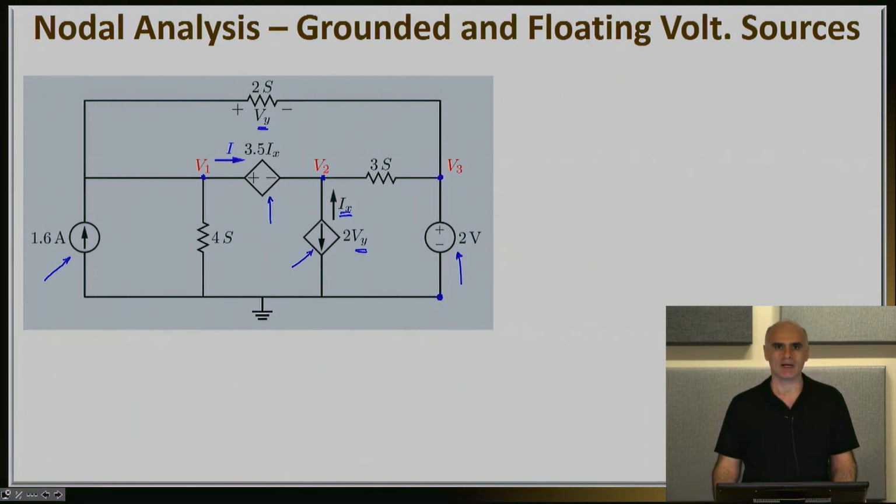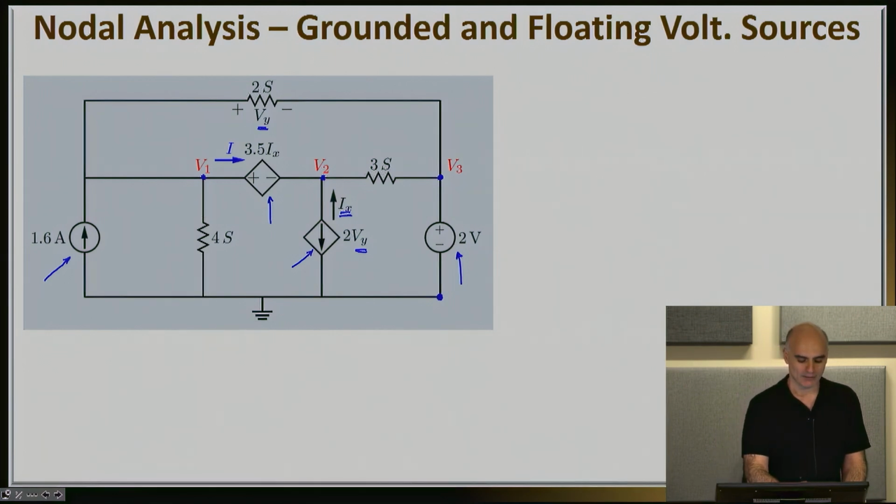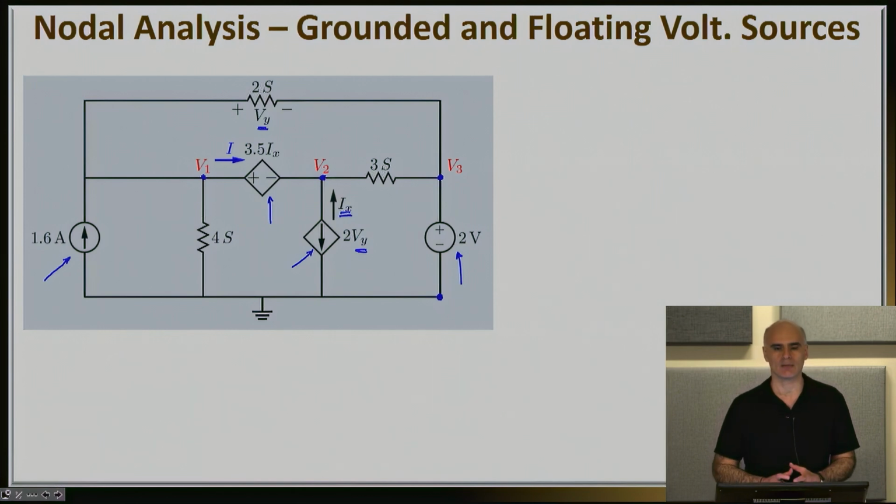So step number 1 is already done for you in this circuit, which is to label all the unknown nodes in the circuit. And I have labeled them here with V1, V2, and V3. Now, at first glance, you might be tempted to say that all of these nodes are unknown. However, if you pay a little bit more attention to the circuit, you will find out that V3 is actually a known node. Why is V3 a known node?